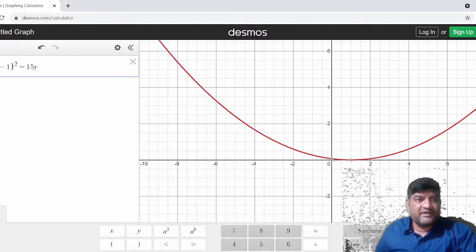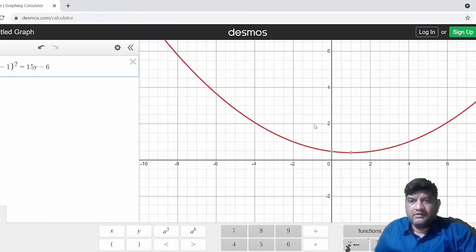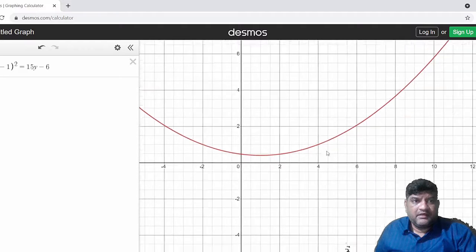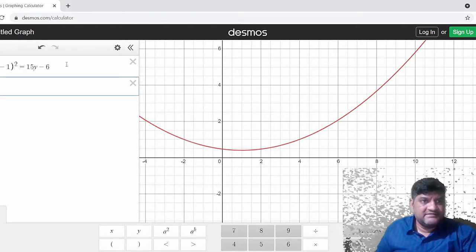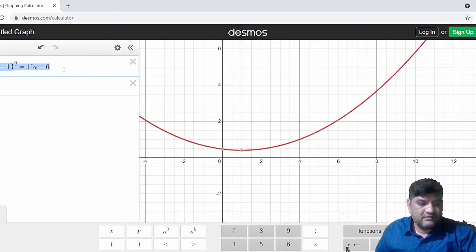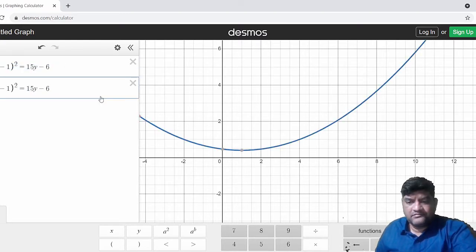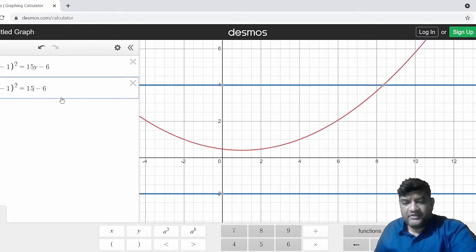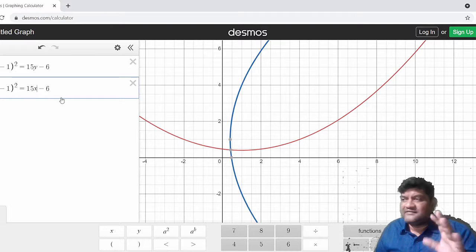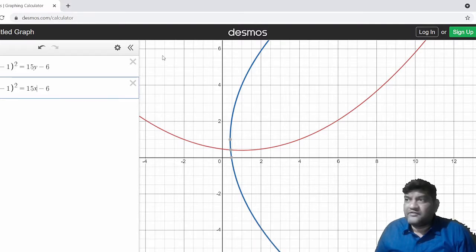And I'm now going to plot the second equation, which I will say is y minus 1 the whole square is equal to 15 into x. I'm just plotting some equations, just to show you what is meant by angle between two curves.